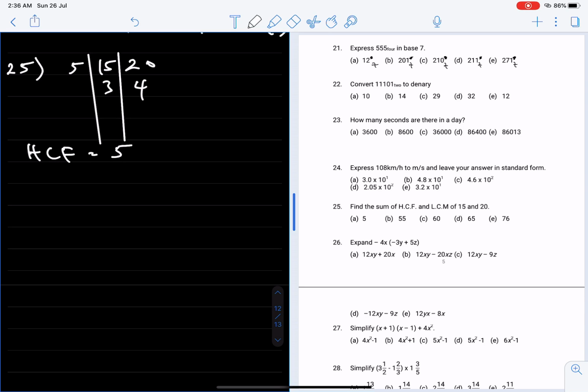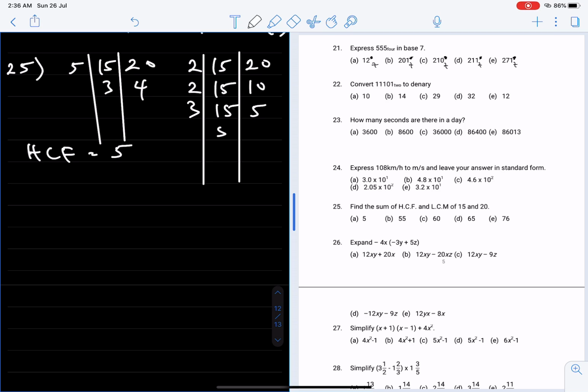Now for LCM, let's do that beside it here. 15, 20. We start dividing by 2. 2 here, we write the 15. 10 here. 2 here, we write the 15. 5 here. 3 here. 5, 5, 5, 1, 1. So LCM equals 2 times 2.